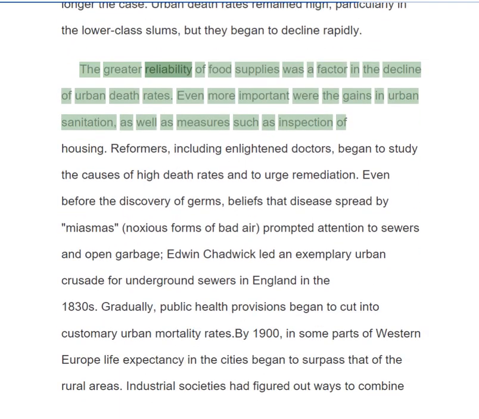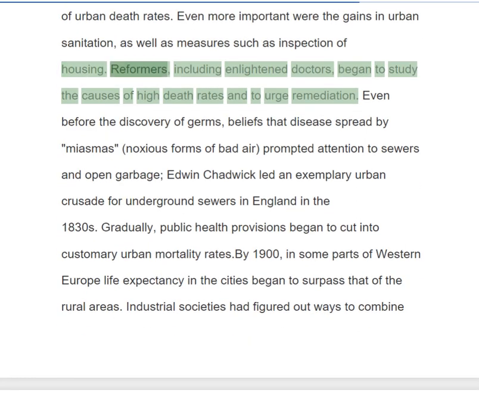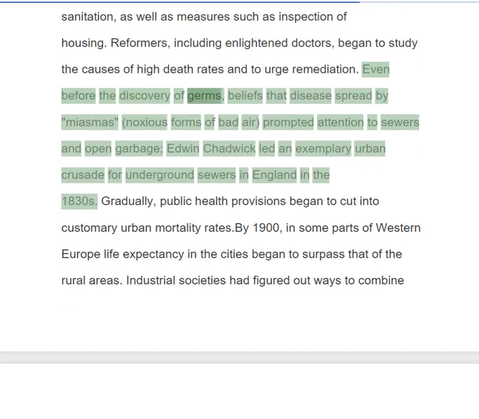The greater reliability of food supplies was a factor in the decline of urban death rates. Even more important were the gains in urban sanitation, as well as measures such as inspection of housing. Reformers, including enlightened doctors, began to study the causes of high death rates and to urge remediation. Even before the discovery of germs, beliefs that disease spread by miasmas prompted attention to sewers and open garbage.